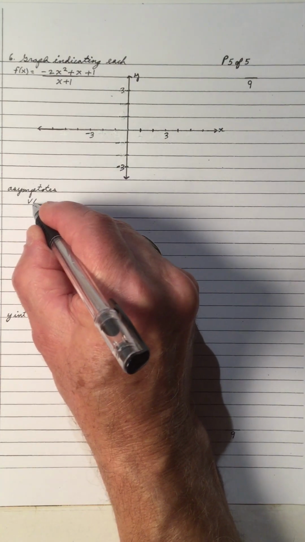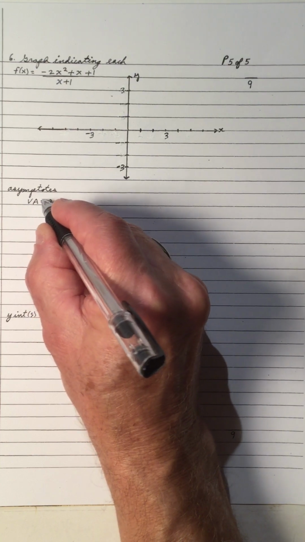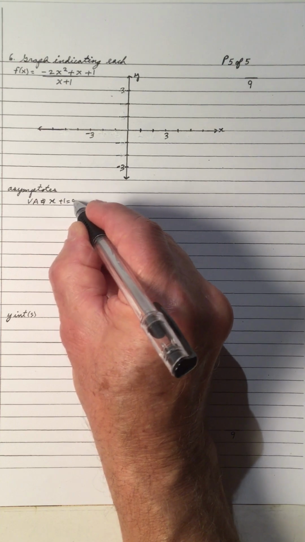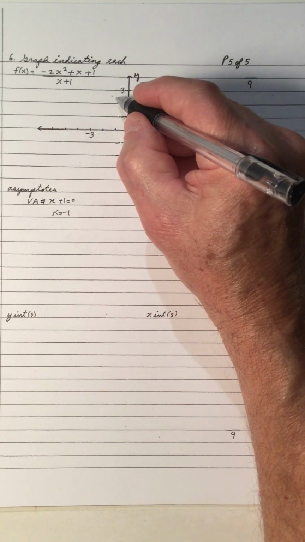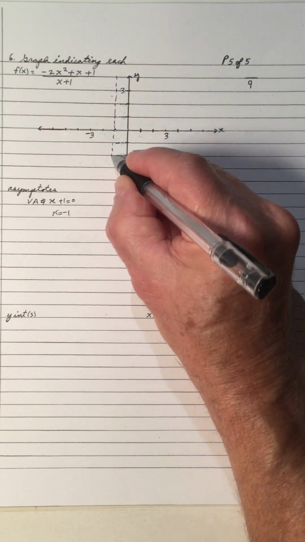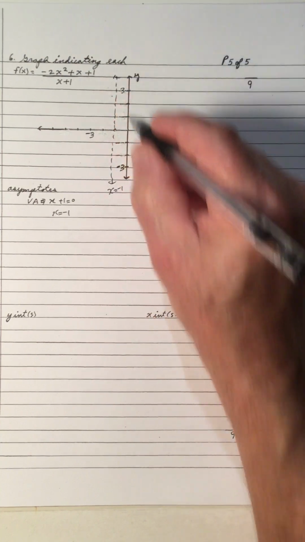So the vertical asymptote here is, let me draw a little arrow, when I make x plus 1 equal to 0. So the vertical asymptote is that x equals negative 1, which is right here. So we got the vertical asymptote, x equals -1.